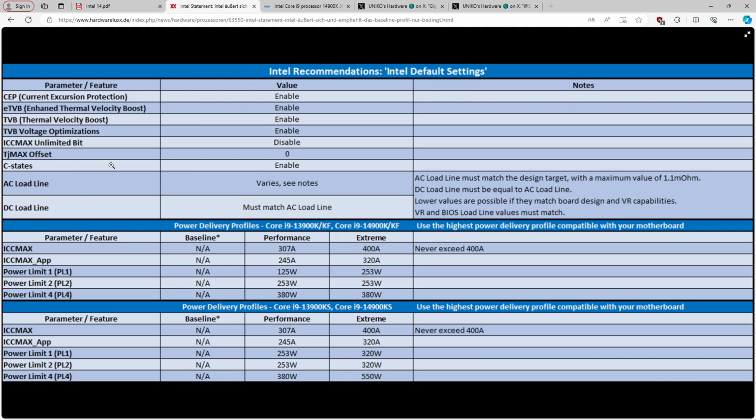But the other thing is you could also have degradation at partial load because your low load voltages are sky high because TVB is turned off, right? So yeah. So I think from a brand new CPU not being stable, I think this table should address that.